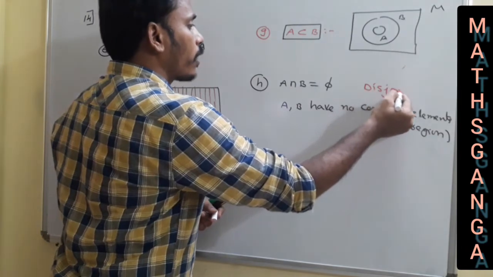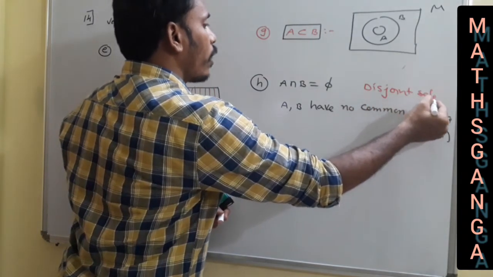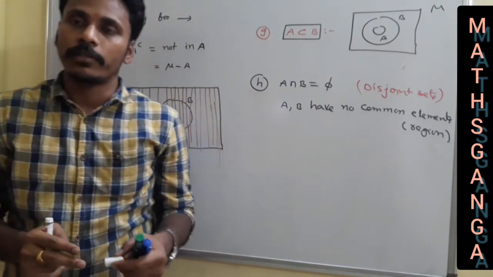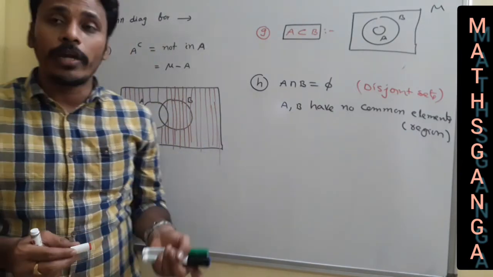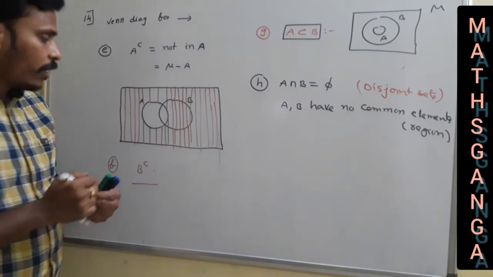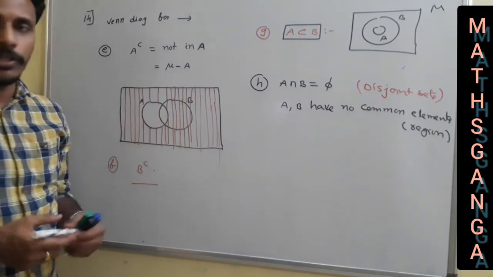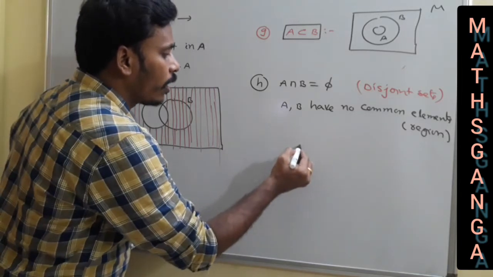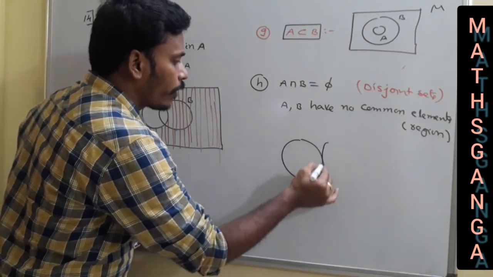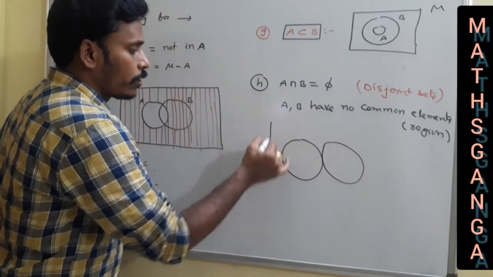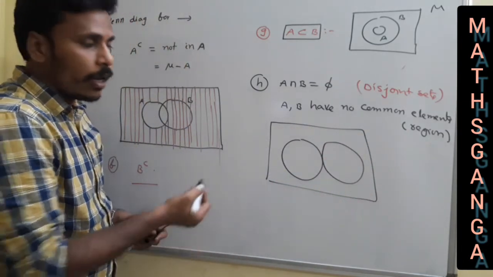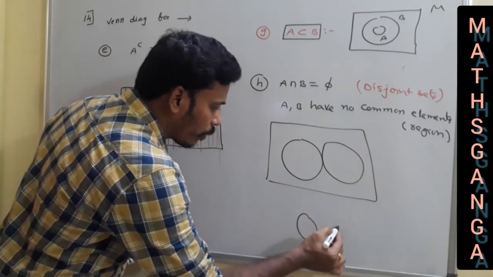Okay, you just mark the name disjoint sets. Disjoint sets means the sets which have no common elements. In such a case there is no A intersection B, and that's why there is no need to generate this region. So you just neglect that region and simply draw the circles like this. There is no intersection region. So this diagram represents that A, B are disjoint. You may use this type of diagram also.